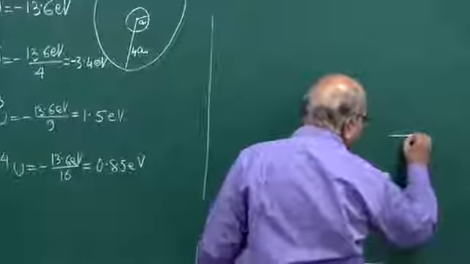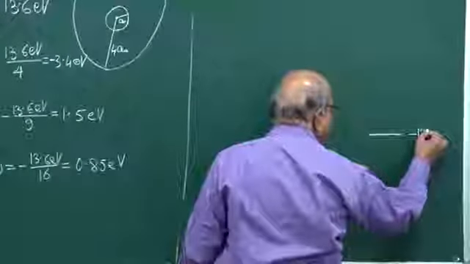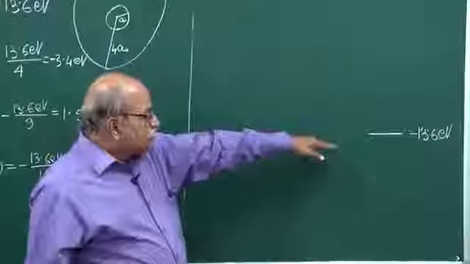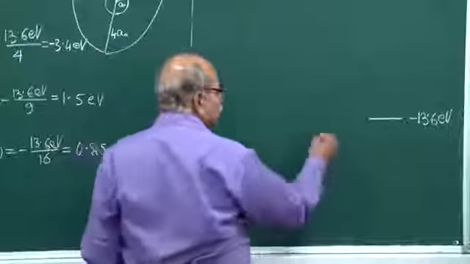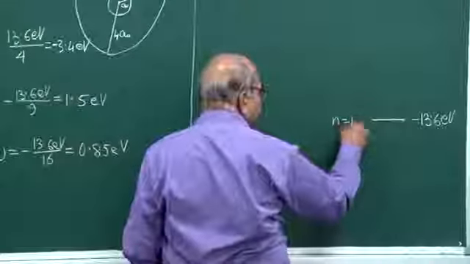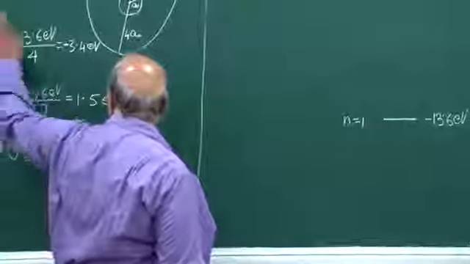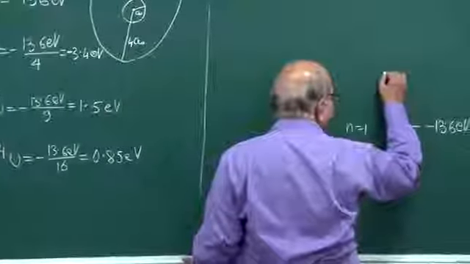We draw a horizontal line and say that this represents minus 13.6 eV. In the vertical direction, energy is going up. So this corresponds to n equal to 1. And then n equal to 2 is minus 3.4 eV, let's say somewhere here.